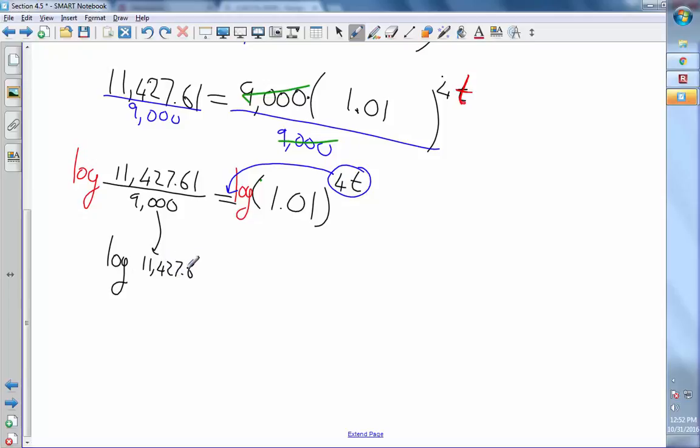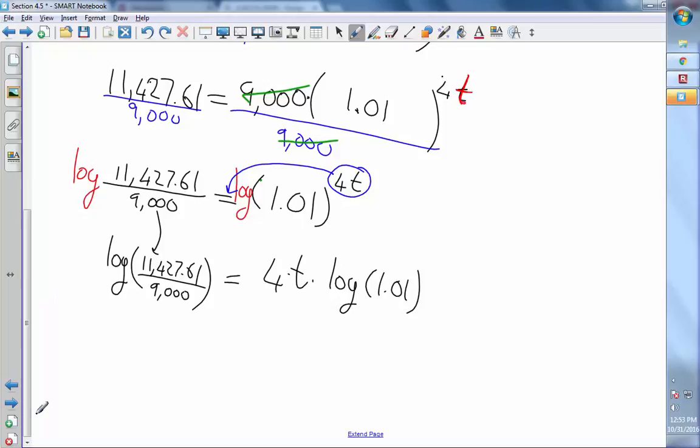Again, all this stuff is inside log now. Inside log is 4 times t times log 1.01. You see, I'm not in a rush to compute any of these logs. I will wait until the last moment and punch them into my calculator and compute at once. I will do one rounding rather than rounding every time. Okay?